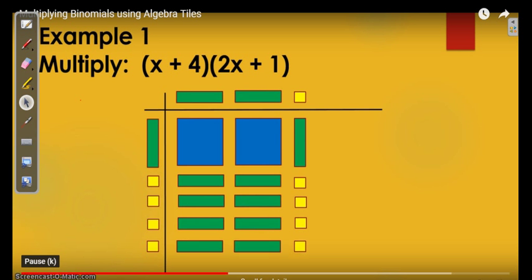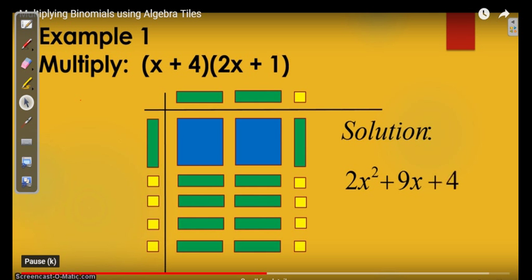The solution are the tiles that remain inside this chart. As we can see here, we have 2x squared blocks, or 2x squared. We have 9 long green bars, or positive 9x. And 4 single units, which represents positive 4, giving us a final solution of 2x squared plus 9x plus 4.